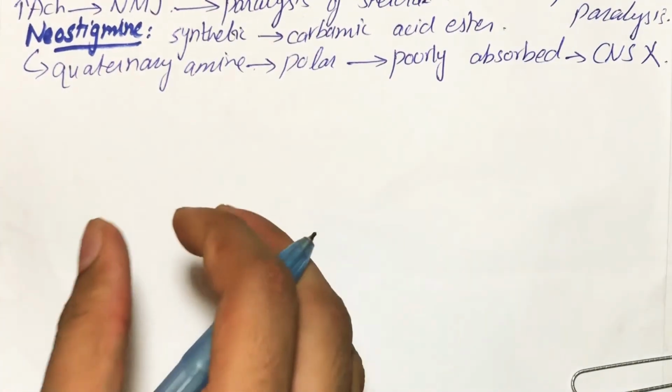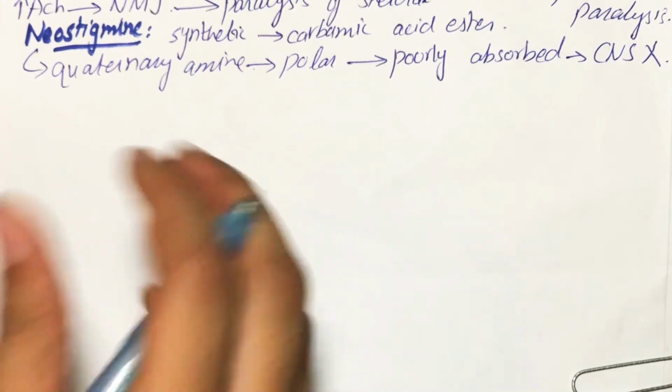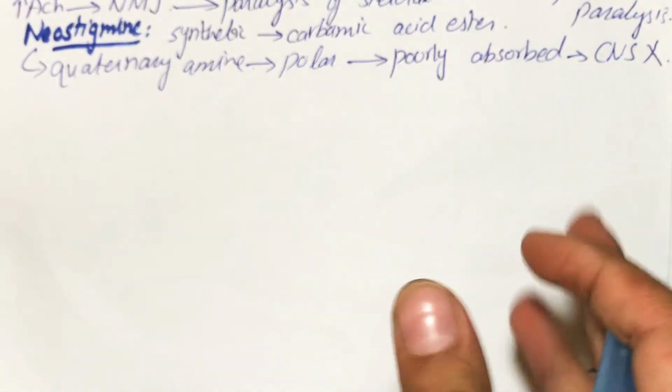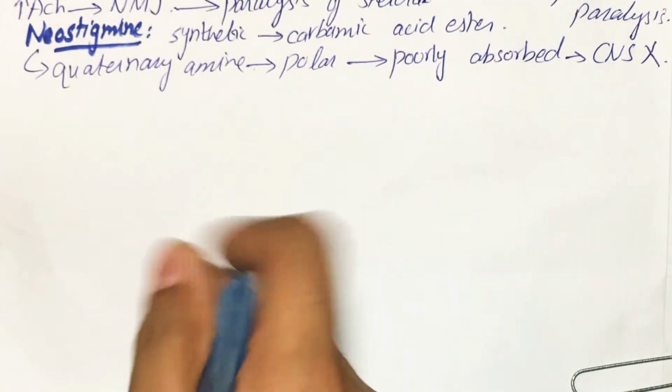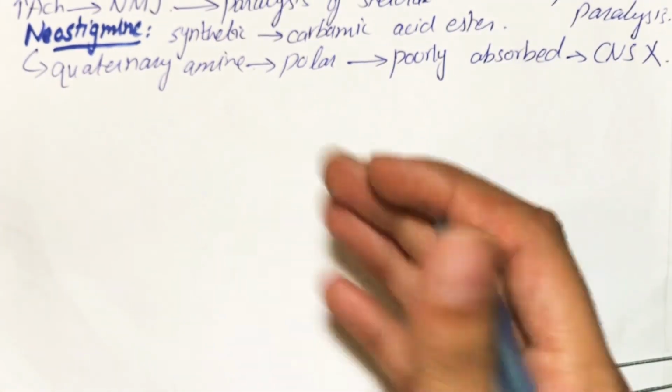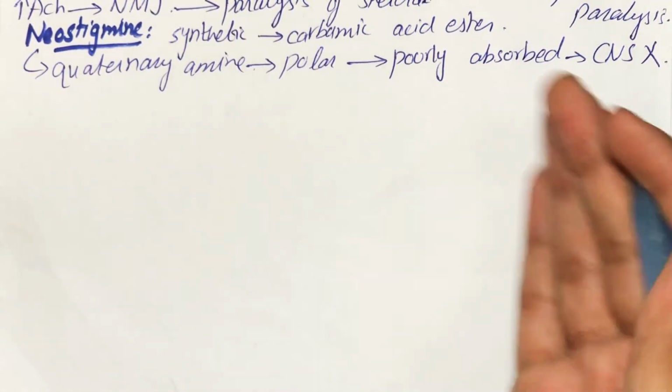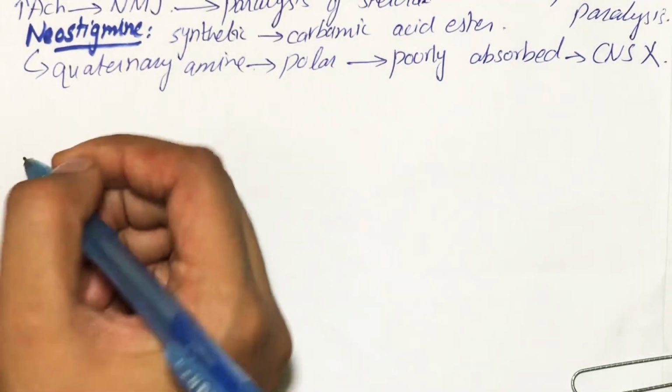In this way, it has only peripheral effects. It does not go into the CNS and does not show any of the CNS effects. It has much greater effects on skeletal muscle than that of Physostigmine.